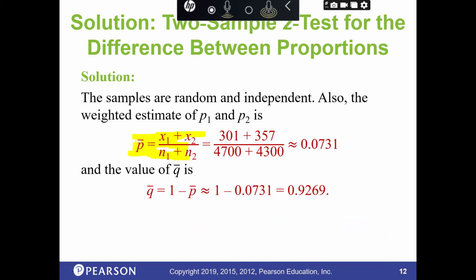Our p bar is both of them added together, the average between both of them. So we add the deaths together, add the total number together, and once you do that, you subtract from 1 and you get the other, contrary percentage.